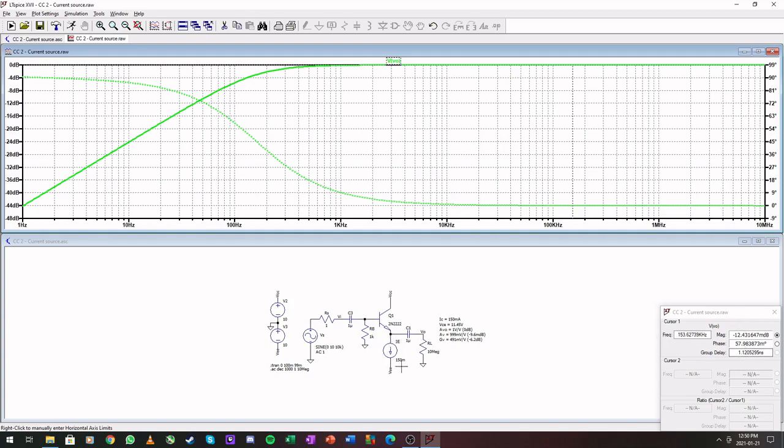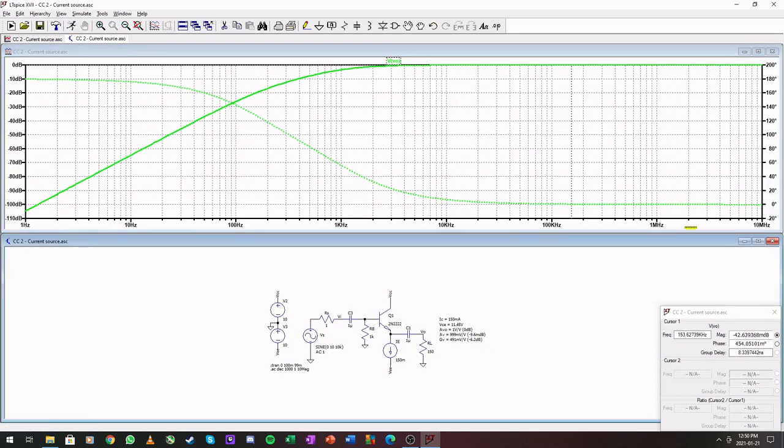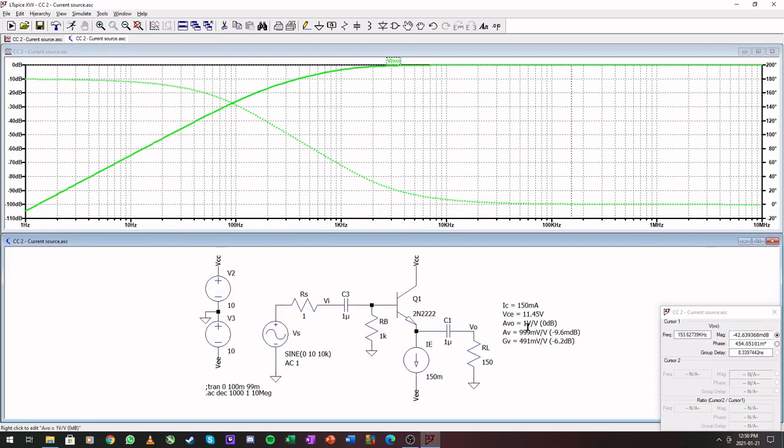So our current source is helping out quite a lot. Then this was 150. Let's see what our -42 millidecibels. It's much smaller in our calculations, but this is much smaller than any of the previous problems.